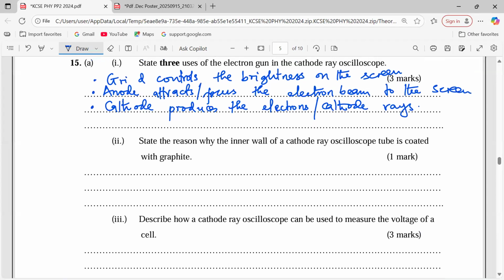We can look at Roman 2 of number 15. This is a very serious exam. When you observe the paper very keenly, you discover that it has very little calculations.